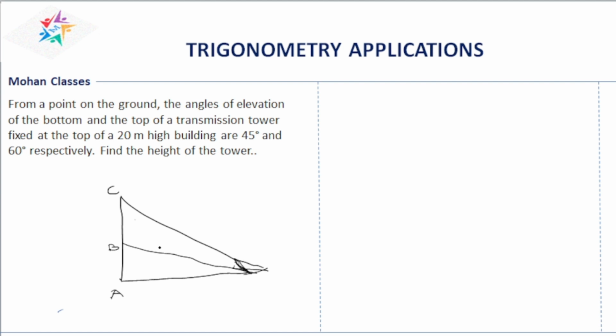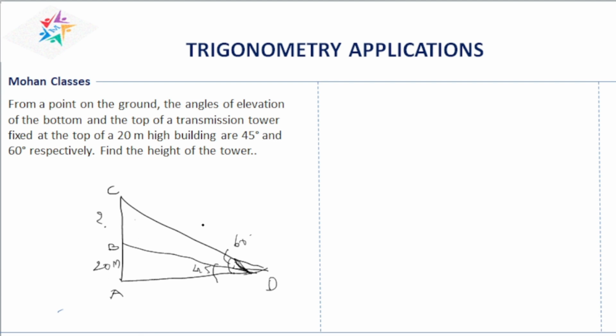From the bottom it is making 45 degree and from here it is making 60 degree. Now what we have to find out? We have to find out what is BC. It has given us 20 meter. This is the angle they have given.